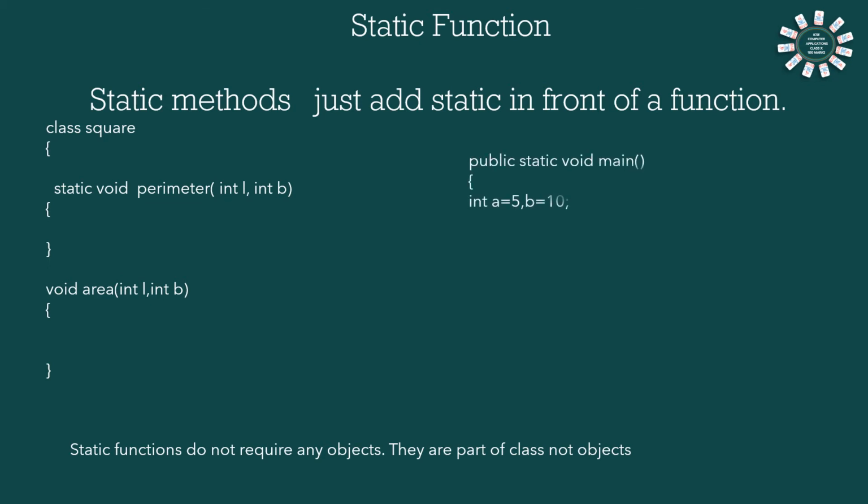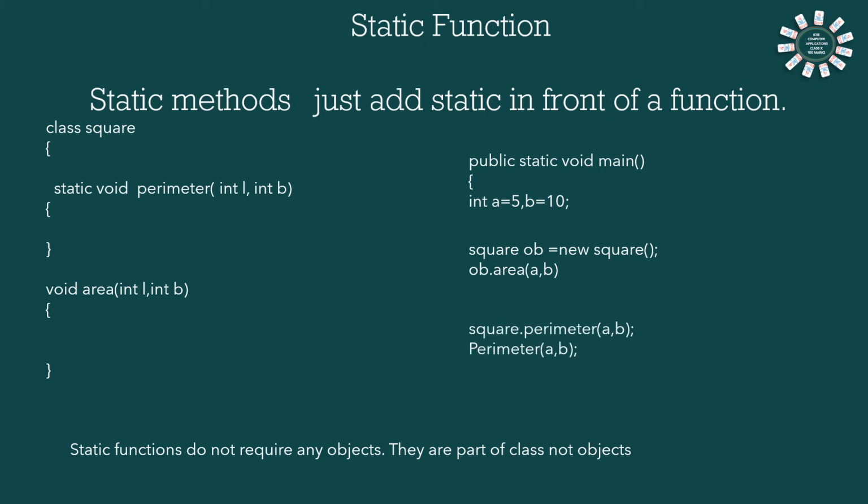And now see the main program. In the main program, how can we call the functions? If it is a non-static function, for example, void area, we have to create the object for accessing the function. Square ob is equal to new Square. Then we can say ob.area as we have already learned. But if it is a static function, no need of object name.